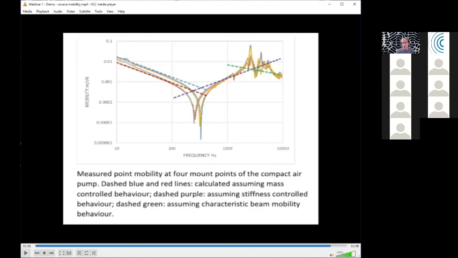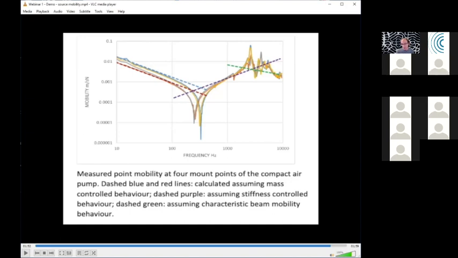And this principle not only applies to the source mobility of machinery and equipment, but also to some receiver structures to which they're fixed. So in the next lecture, Nicholas Patil will look at receiver structures in more detail. And this is because we not only need to know the source mobility, but we need to know the receiver mobility. So that's the mobility of the structure to which this machine is connected.